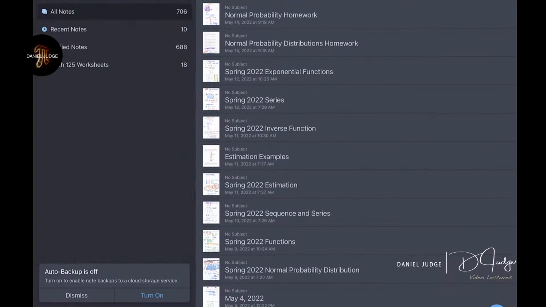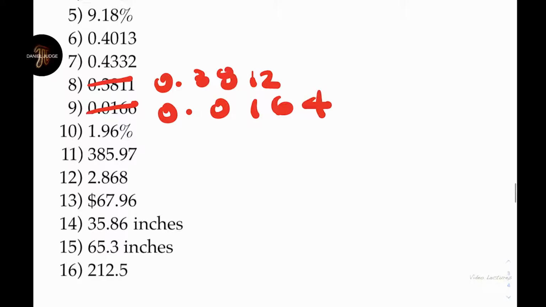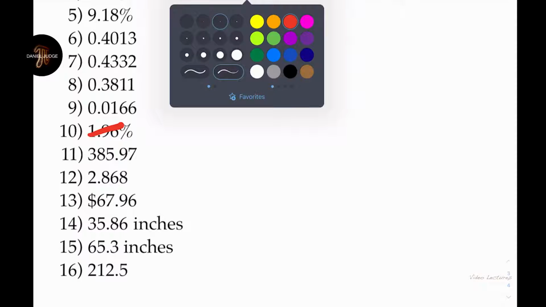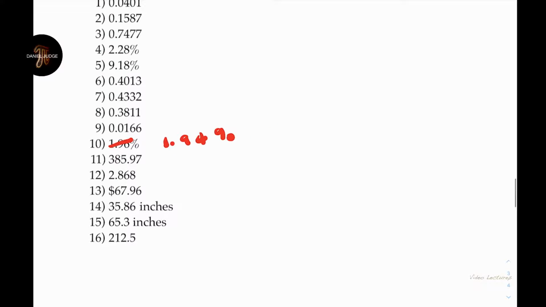Okay, and then let's see if the publishers got this right. And as you guys can see, they didn't. And it's just an approximation because they used the tables for this in the old days. And the TI is actually more accurate than the table. So again, some of these different answers are because your TI goes to a much more accurate place value.